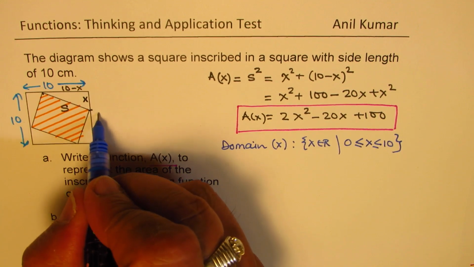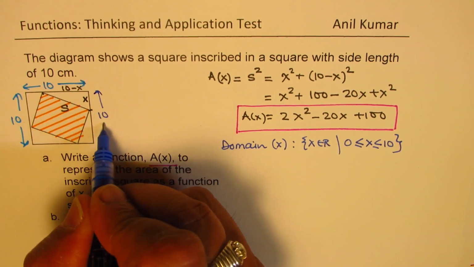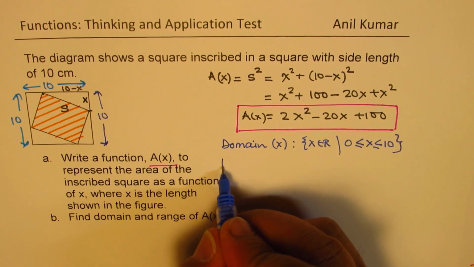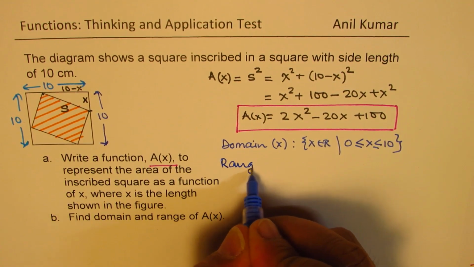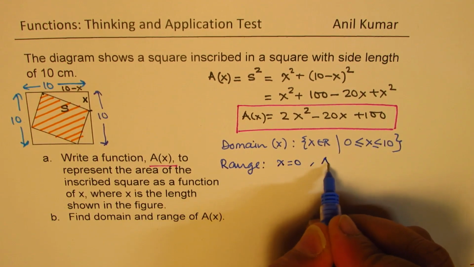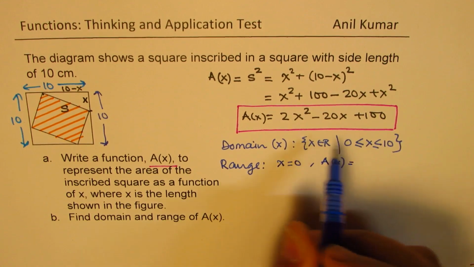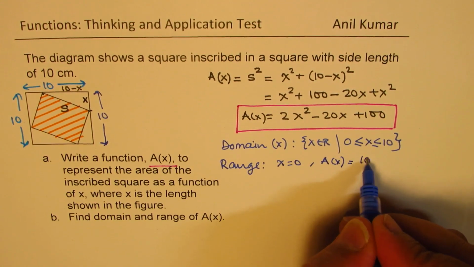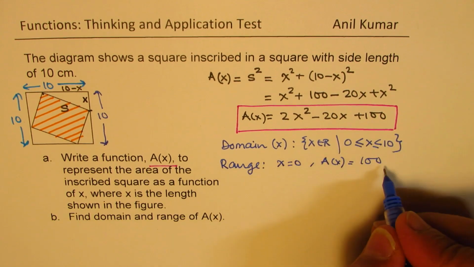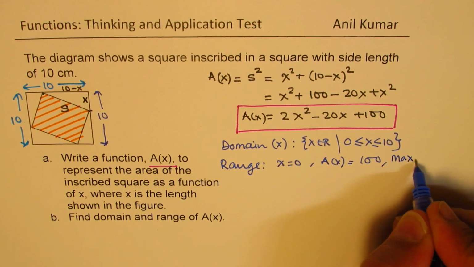That is the limit, since this whole side is 10 units. x is in between 0 to 10. Now, how about the range of the function? If x equals 0, then the area will be how much? Well, x is 0, area is 100, which is 10 squared, clear? So that is the maximum, is that clear?